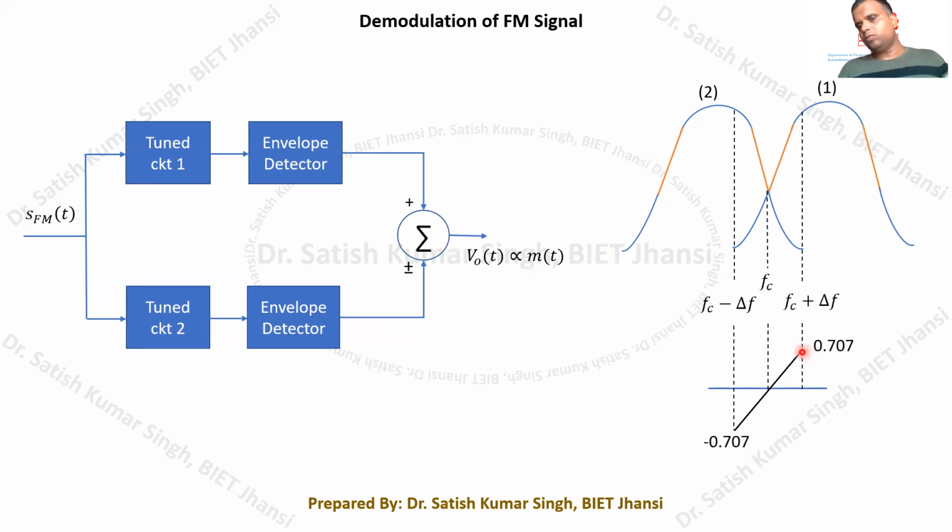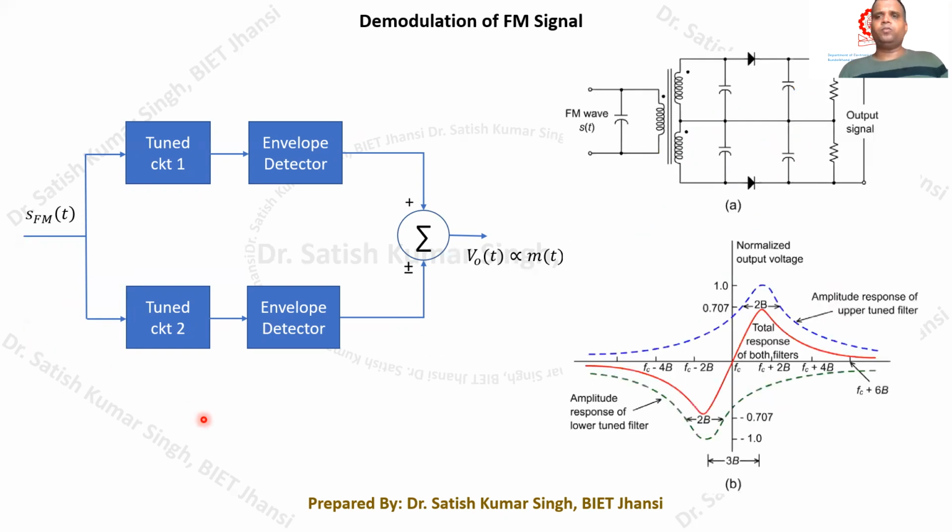We are not bothering about the portion after that, because our frequency is varying from fc minus delta f to fc plus delta f, and after that there will be no frequency term coming into the FM signal. I hope you understand how the demodulation of the FM signal can be performed using this balanced slope detector, how it is converted first into AM, and then this AM can be detected by the envelope detector.